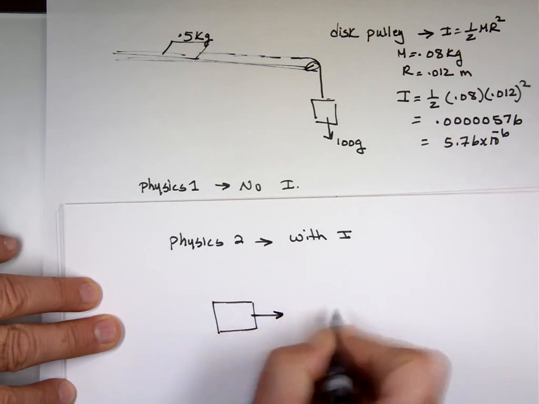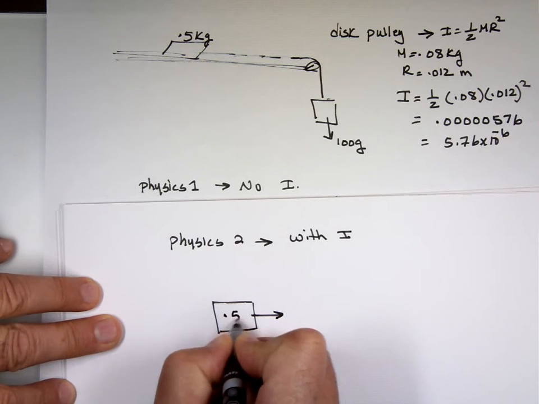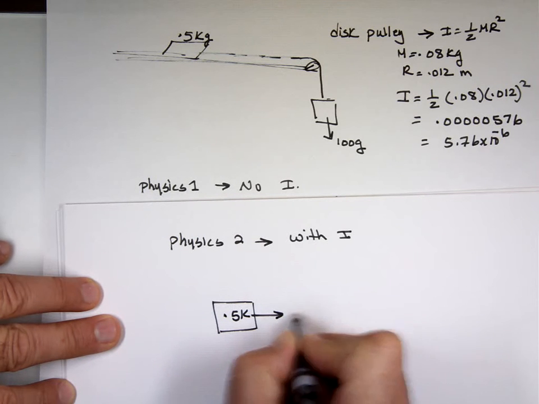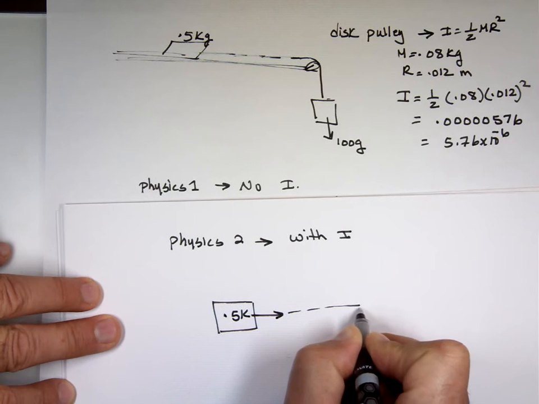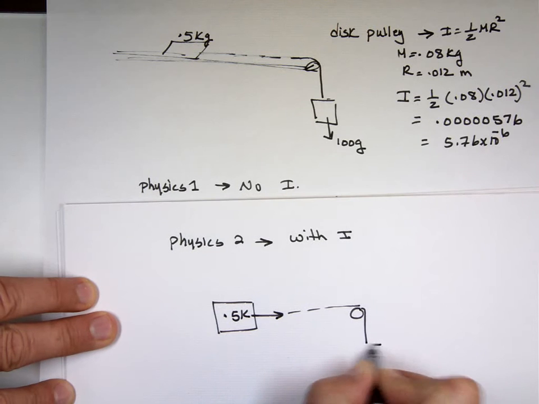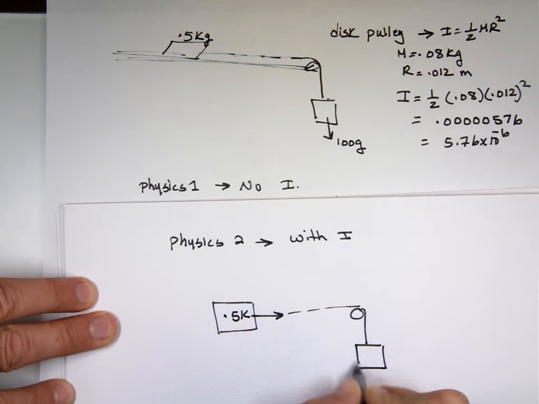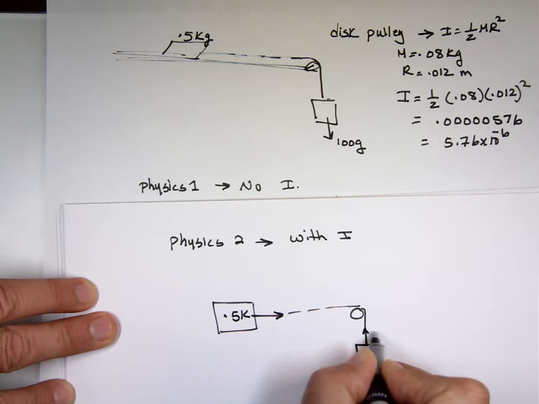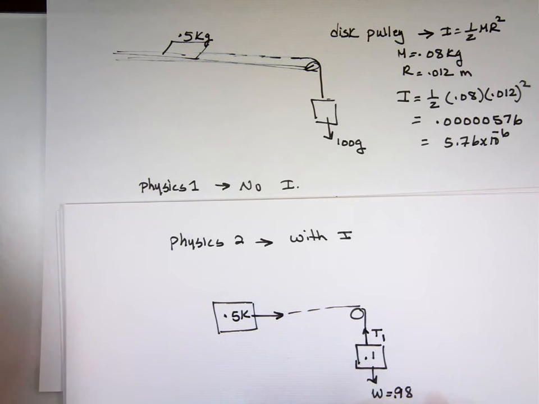This is the 0.5 kilogram mass on the top, and the 0.1 kilogram mass, whose weight is 0.98. We get T1 here, tension pulling upward, and this other tension I'm going to call T2.